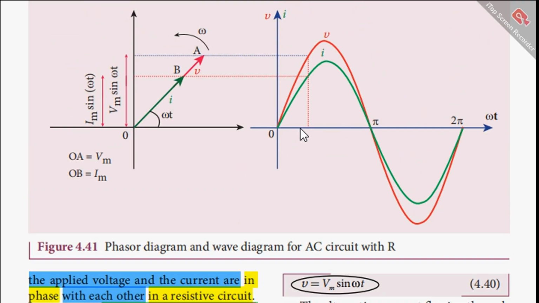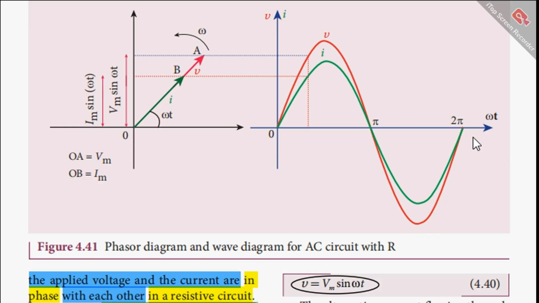This means that if the voltage increases, current also increases, and if the voltage decreases, current also decreases. And if the voltage is increased on the negative side, current is also increased, and that will reach a maximum. And when it becomes a minimum, reaching 0, current will also become 0.